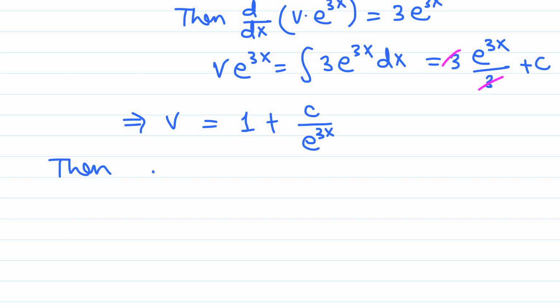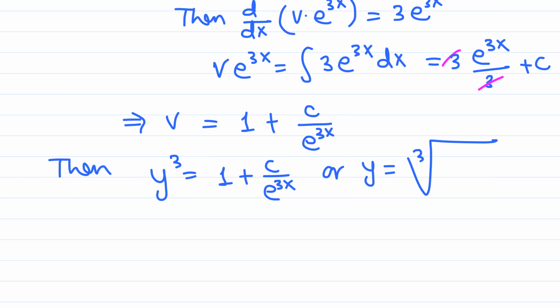So y cubed equals 1 plus c over e raised to 3x. That's the final answer. In this case, we can also solve for y. If we take the cube root of both sides, y equals the cube root of 1 plus c over e raised to 3x. Final answer.